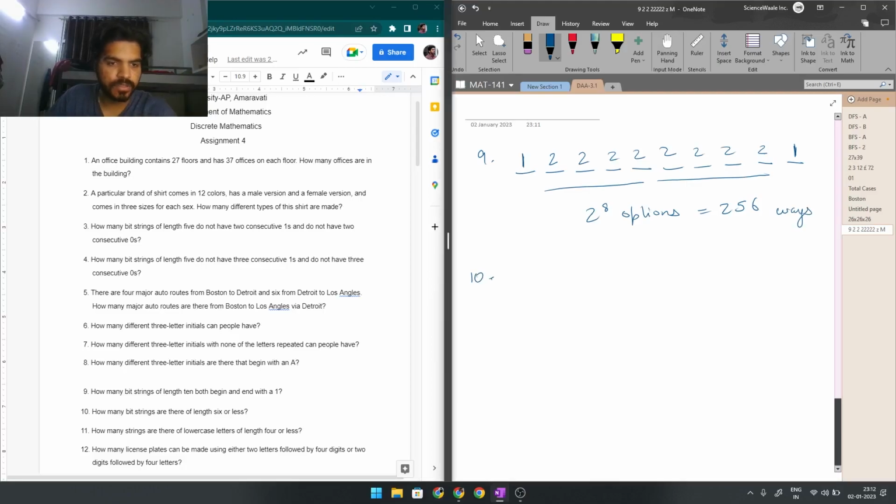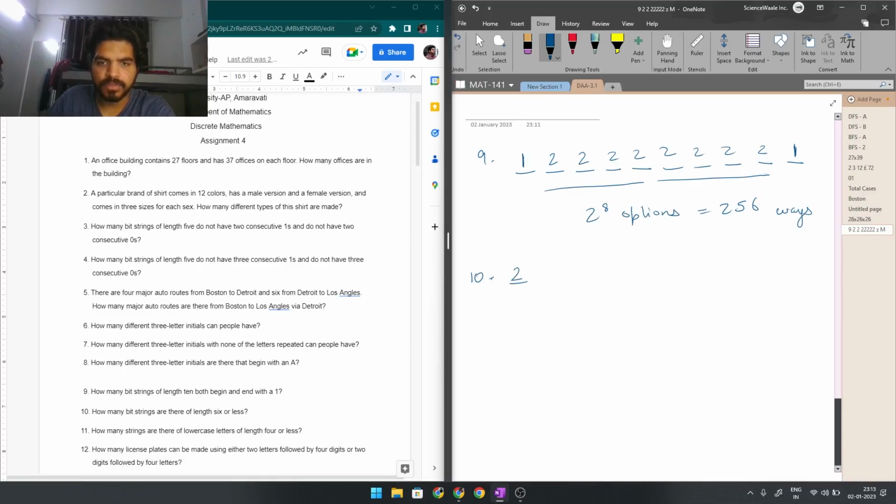Moving on to the 10th question. How many bit strings are there of length 6 or less? For any bit string, for example, let's start from 2 itself.